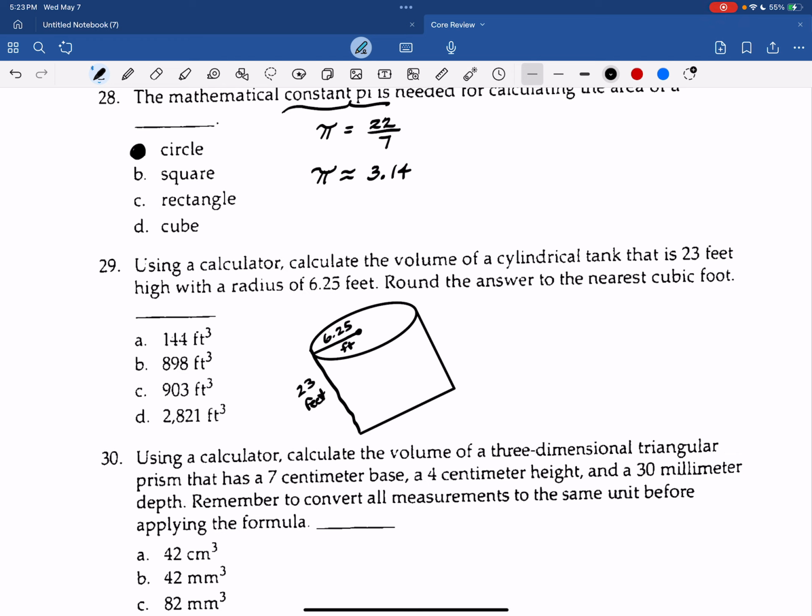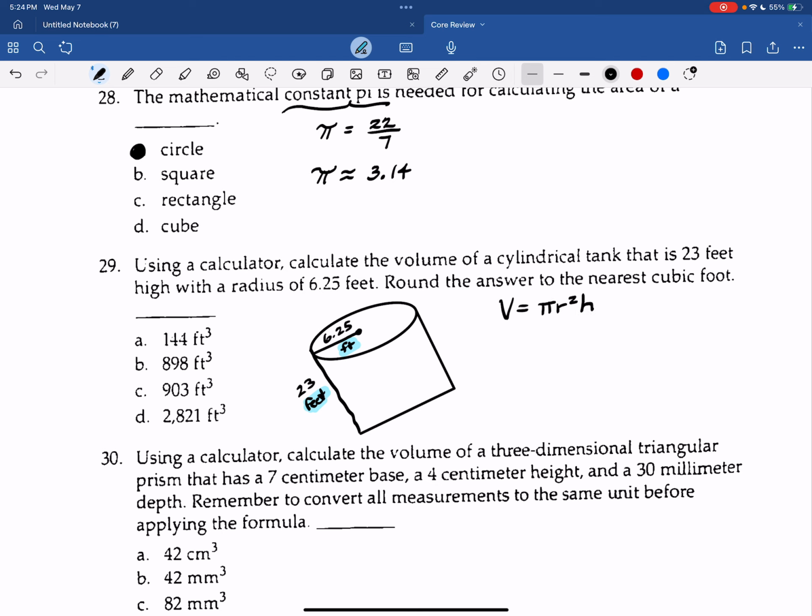Remember, we're organizing, and we always want to check to see if those units match. The formula that you're going to need to set up and solve, or the one that I know, I think yours would be the same for a cylinder.